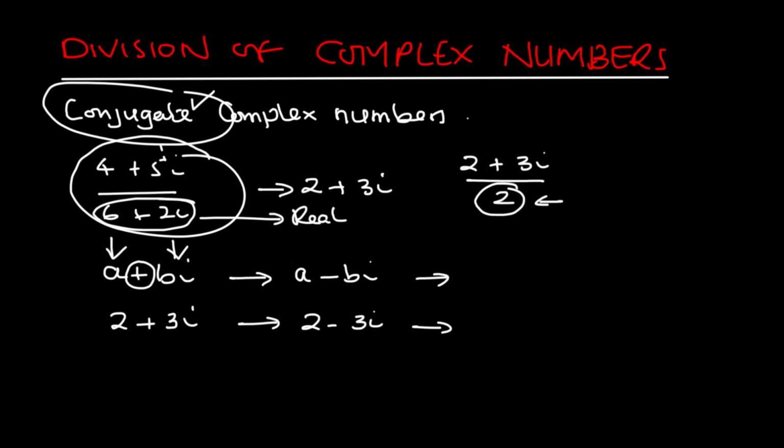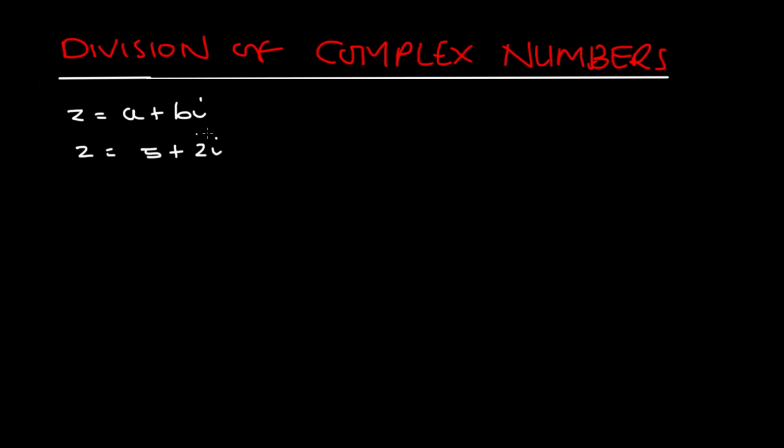Let me show an example. This is the format of the complex numbers we've been talking about. If we're looking for the conjugate of that one, it would be a plus bi. For this one, it would be 5 minus 2i. Remember we said that this is the sign that we changed to create another conjugate.